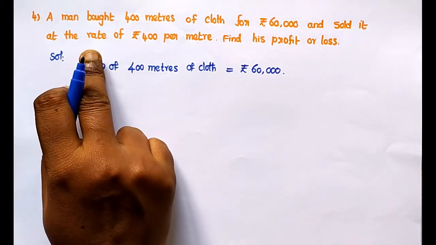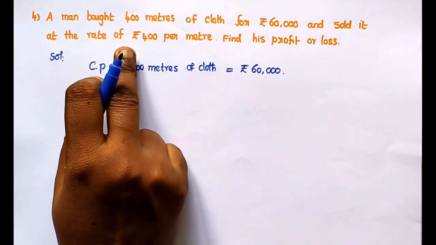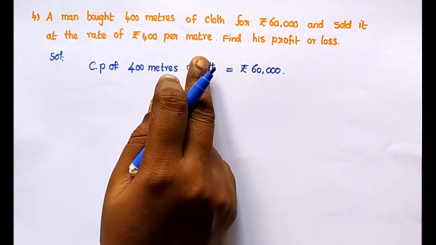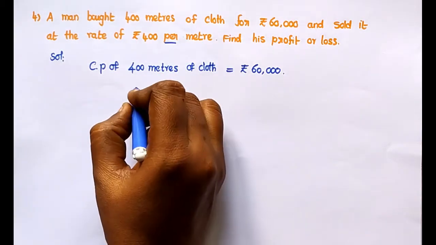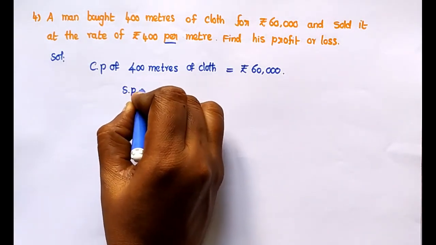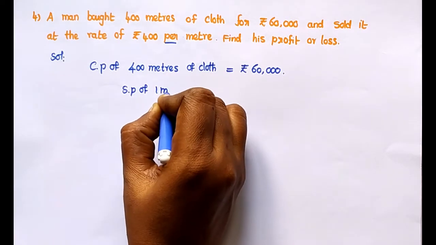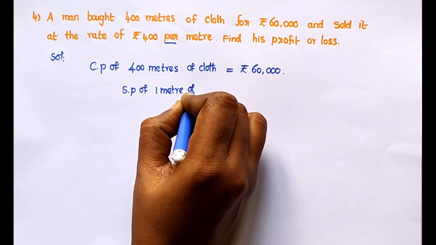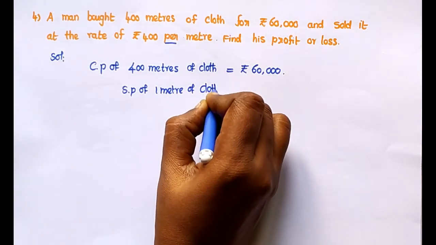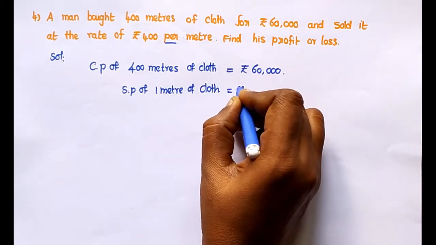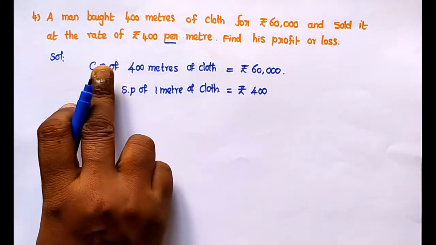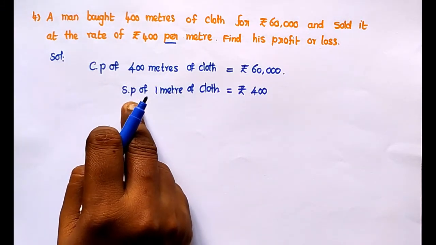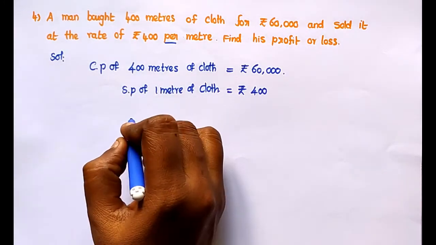Listen, he sold it at the rate of 400 per meter. So that is, per means 1 meter. So the selling price of 1 meter of cloth they given, how much? 400 rupees. So we want to find out the selling price of 400 meters, right?